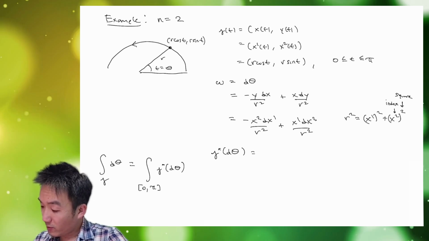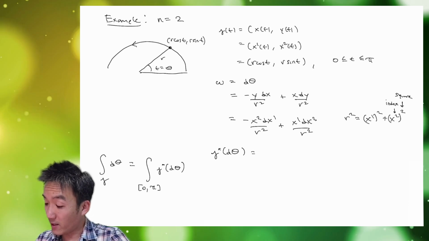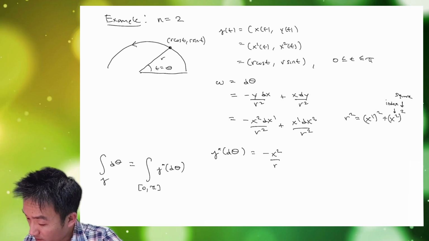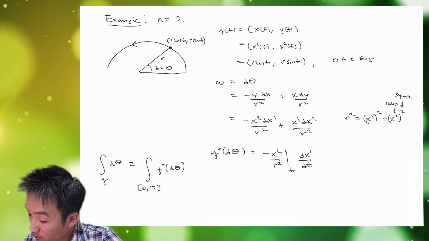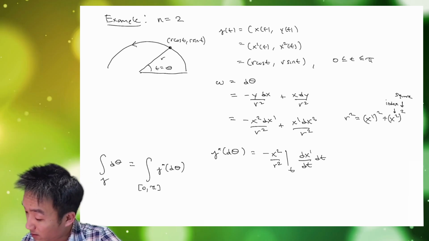We have to use the formula that we wrote earlier, and if we unpack that, this is what we get. We have to evaluate all these coefficients at time t, and then we also have to pull back this one form. That's given by that. And then likewise for the other component.